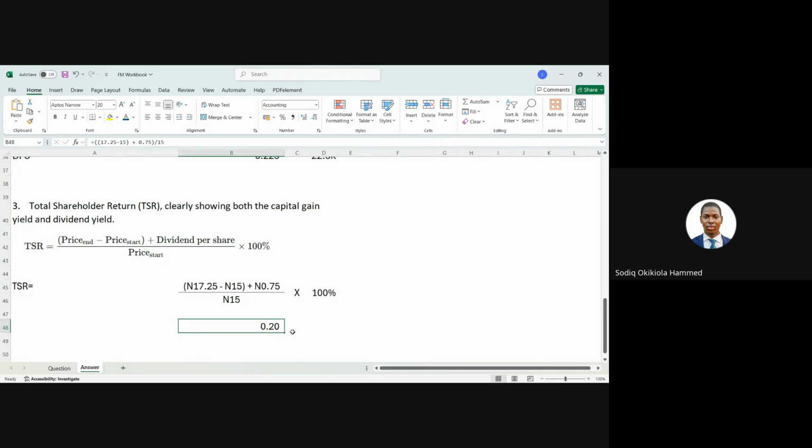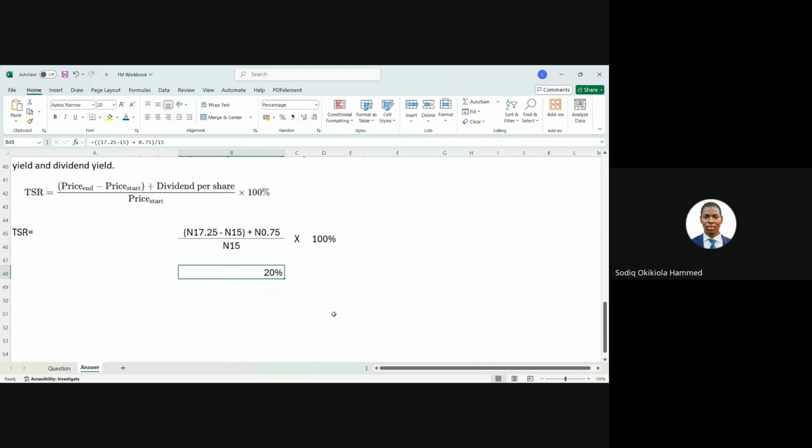I'm going to have 0.20, which gives me 20%. So the total shareholder return is 20%.